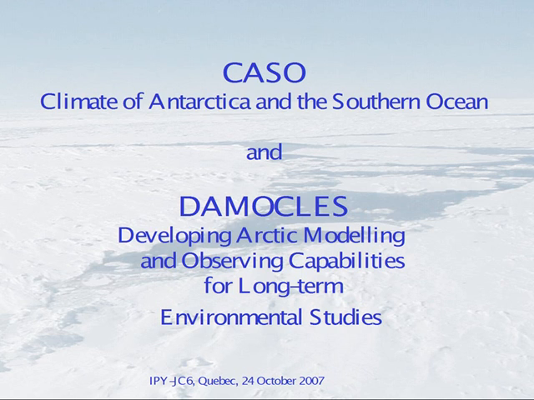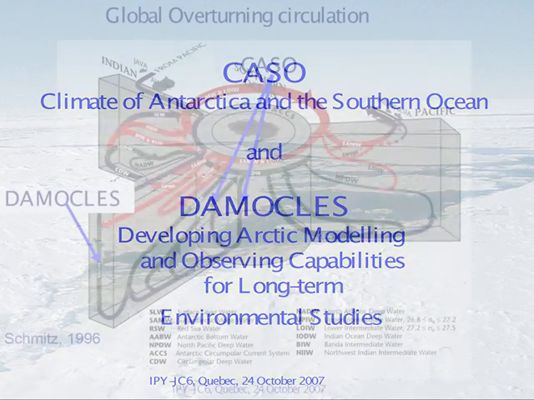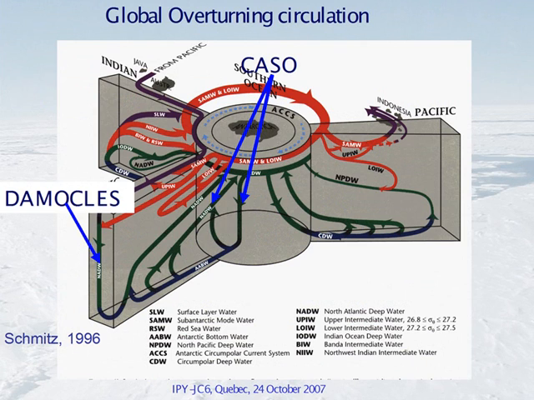And these two sides of the ocean on the globe have to be studied because we have a global overturning circulation. And this global overturning circulation has two major sinking areas.